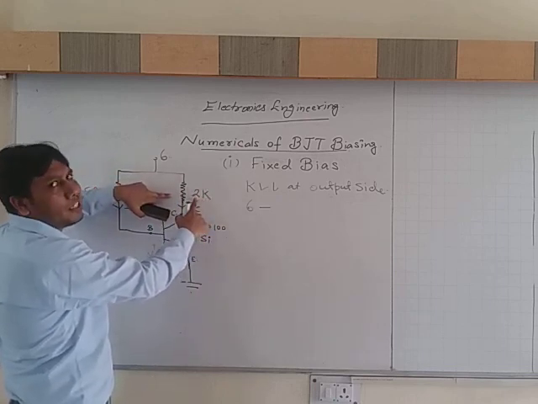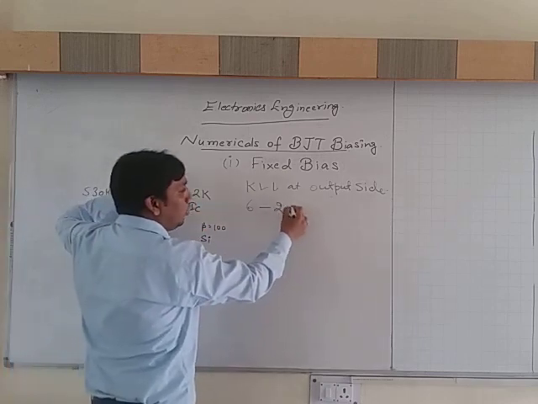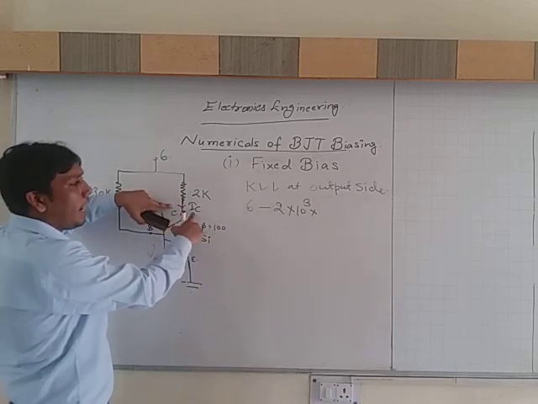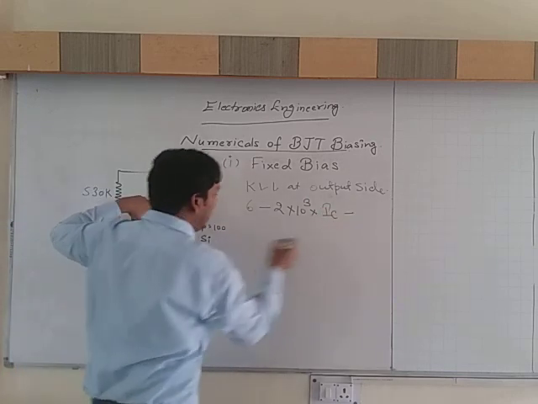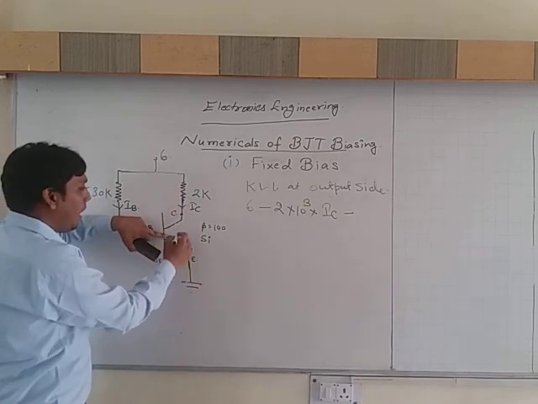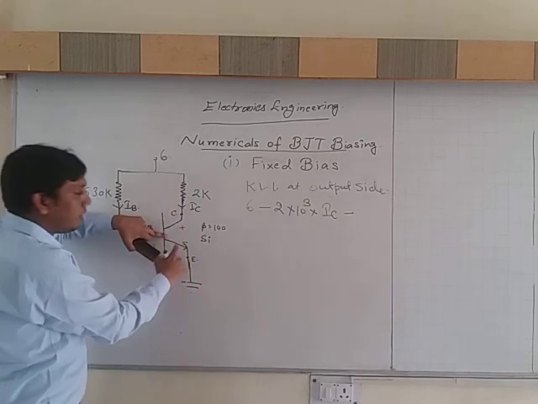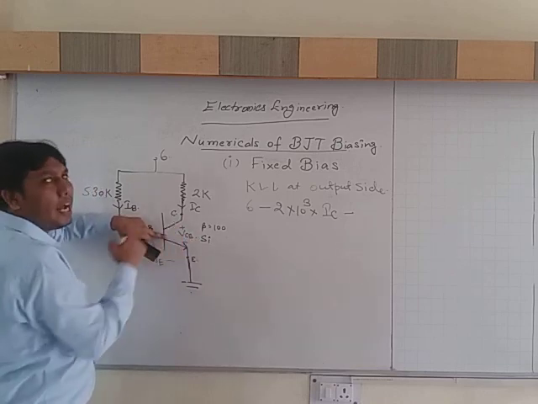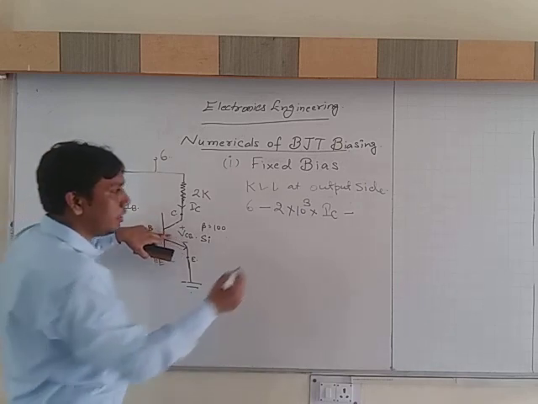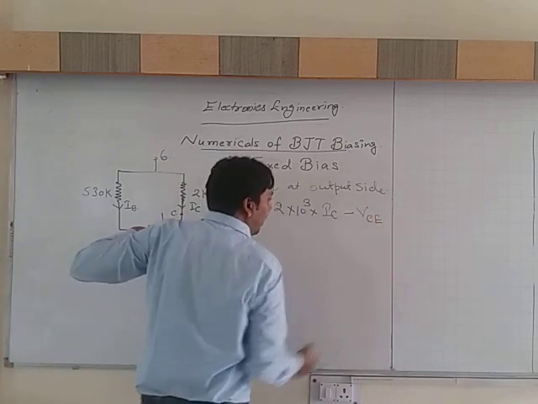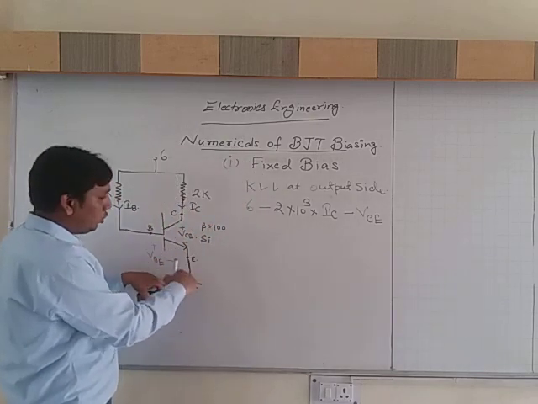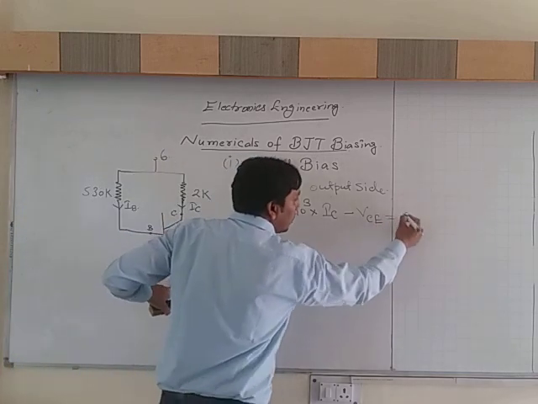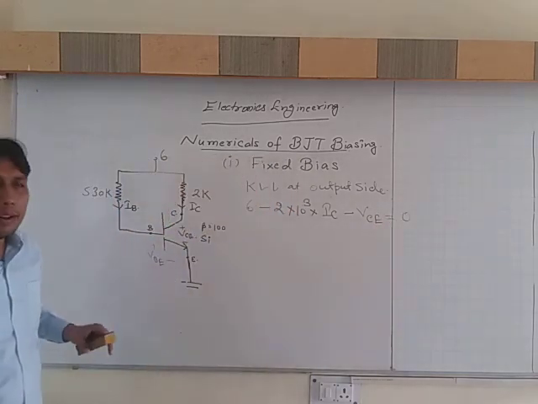Now the value of the resistor is 2 into 10 to the power 3 into the current flowing in this resistor, that is IC, minus the voltage drop across the transistor, that will be VCE, the voltage drop between the collector and emitter terminal. So we will put VCE here, and since there is no resistor at the emitter terminal, there will be no voltage drop, and we got the equation from the output side.